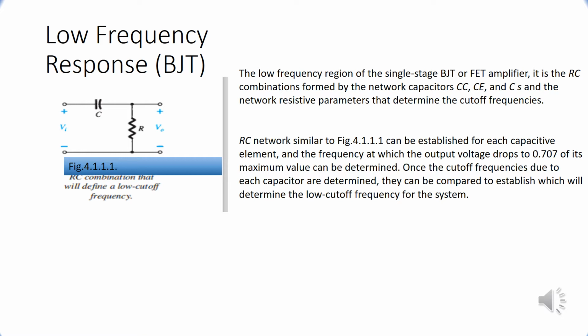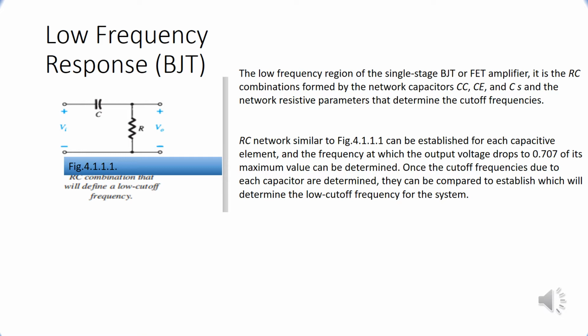The RC network shown in figure 4.1.1 can be established for each capacitive element, and the frequency at which the output voltage drops to 0.707 of its maximum value is the cutoff frequency. Once the cutoff frequency due to each capacitor is determined, we compare all three cutoff frequencies obtained due to CC, CE and CS, and the one which is the highest will decide our lowest cutoff frequency.